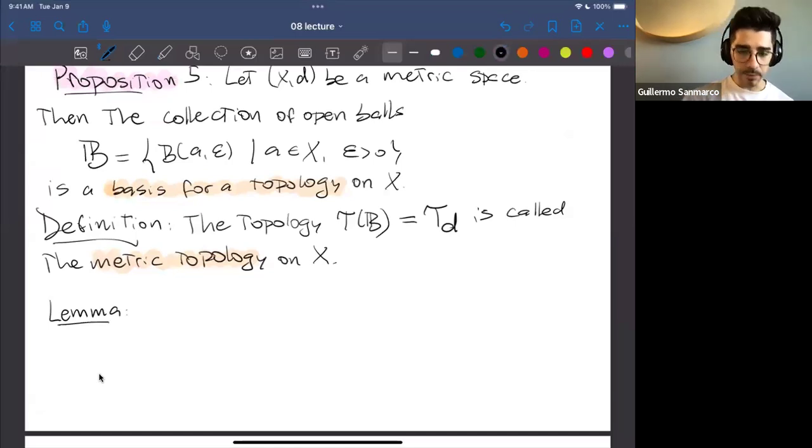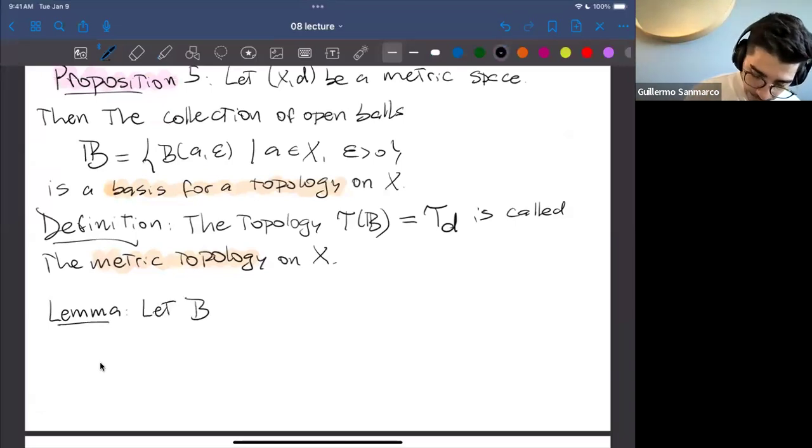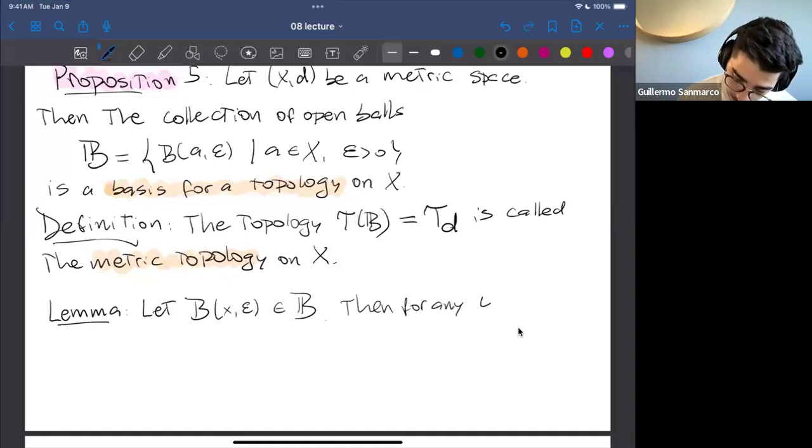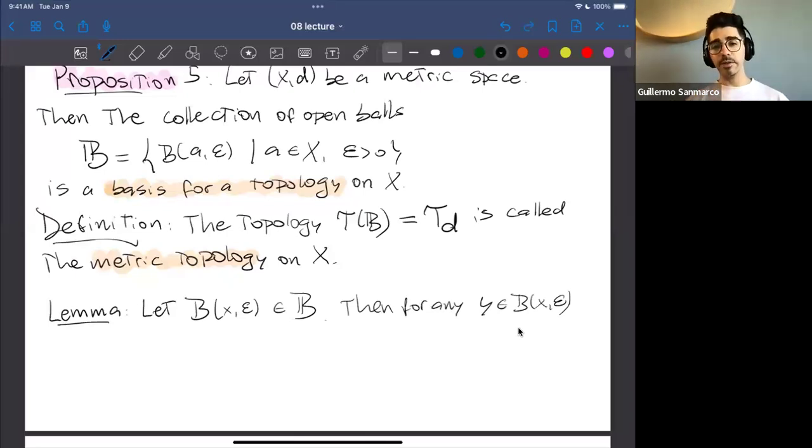So the lemma is the following. Let's take any open ball, let's call it B(x, epsilon) in B. And now let's take any element in that ball, so let's say for any y in the ball. Well, the important thing about balls is they should be open, right?